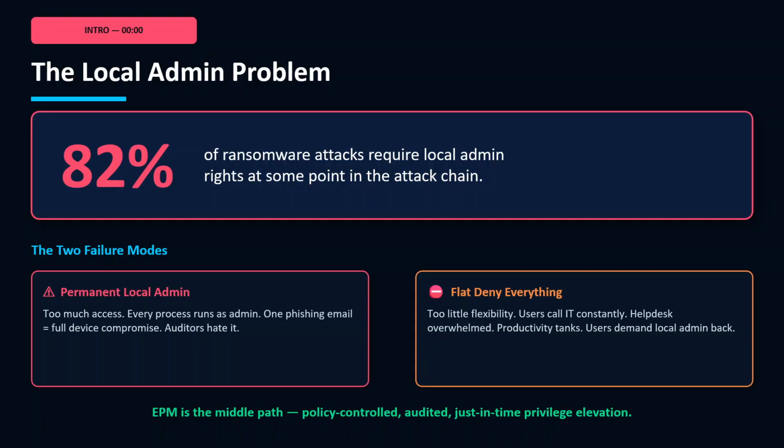Why do we need EPM? What is the main problem in most environments? The main problem is why we need to protect the local admin. 82% of ransomware attacks require local admin at some point in the attack chain. If a standard user has local admin access, this door is open for bad actors.